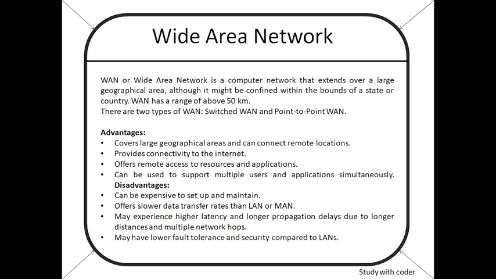WAN, wide area network. A WAN, or wide area network, is a computer network that extends over a large geographical area. Although it might be confined within the bounds of a state or country, a WAN has a range of above 50 km. There are two types of WAN: switched WAN and point-to-point WAN.